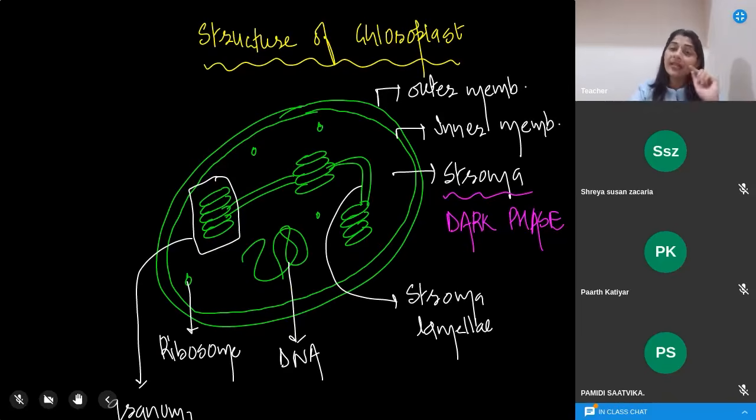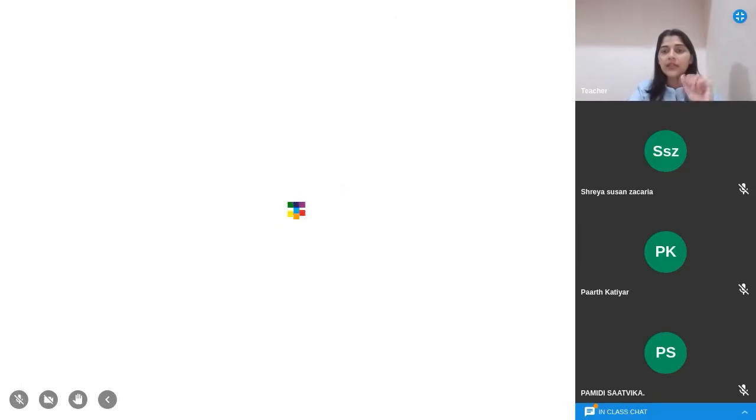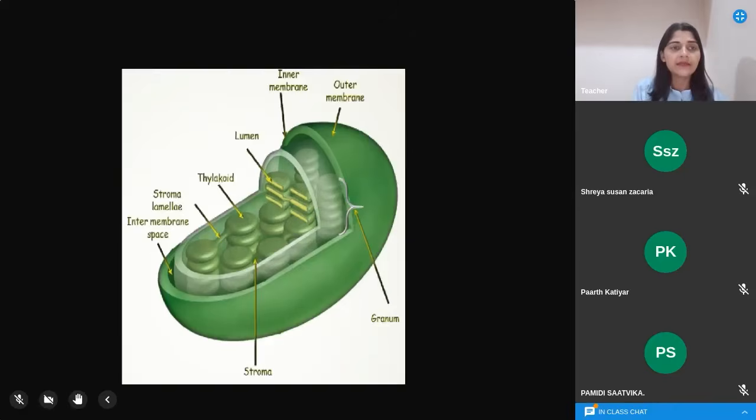This dark phase is independent of sunlight. That is why the name dark phase is given. We will be discussing the details of this. You can have a look at the diagram of the chloroplast also. I hope it's clear. Outer membrane, inner membrane, lumen. Lumen is the inner part of the thylakoid.